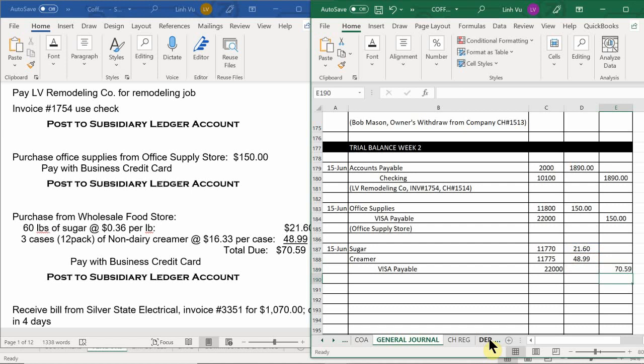Okay. So we can say we buy from a wholesale food store, and that's all. That should be good enough.